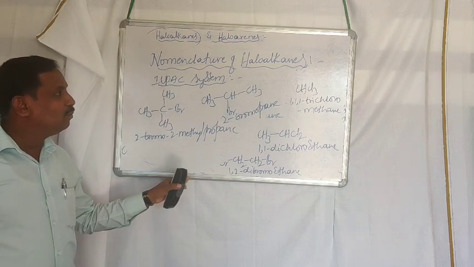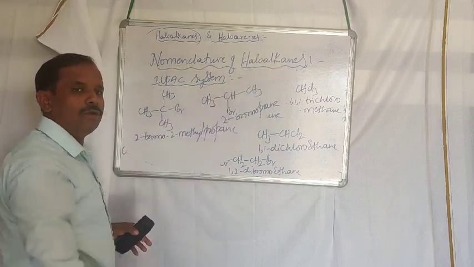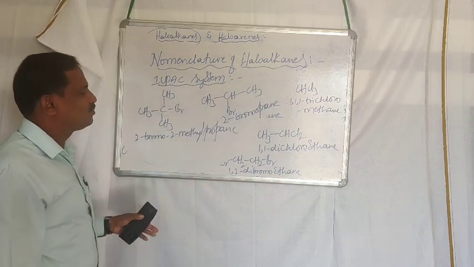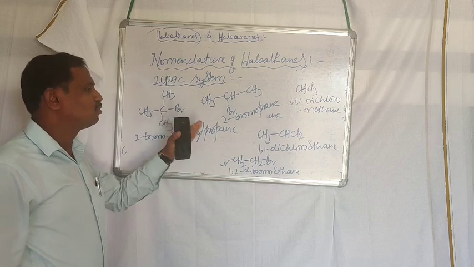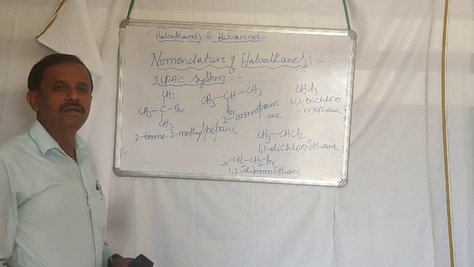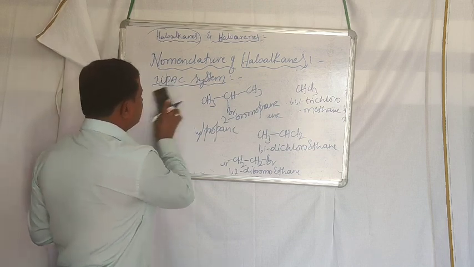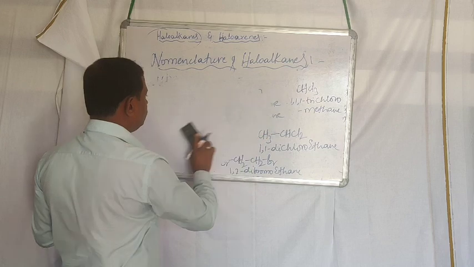You should try more examples: take a bigger alkyl group, attach halogen atoms to it with their positions, and practice more examples, then you will be perfect. Next is the IUPAC system of naming.